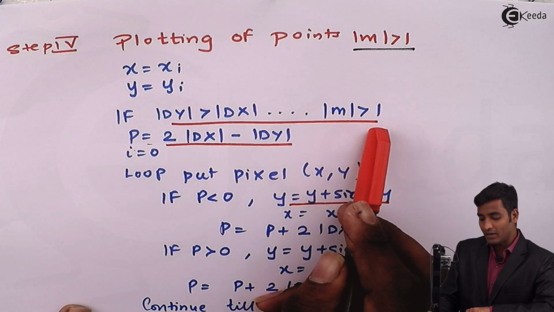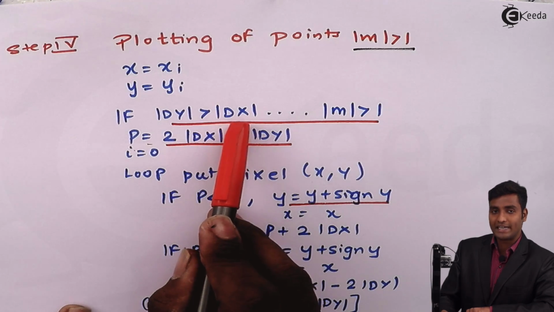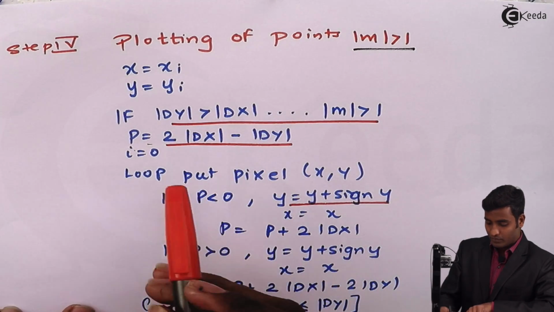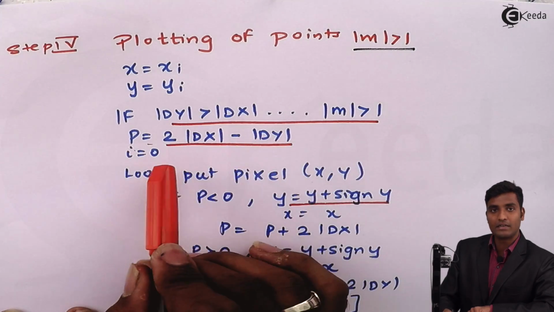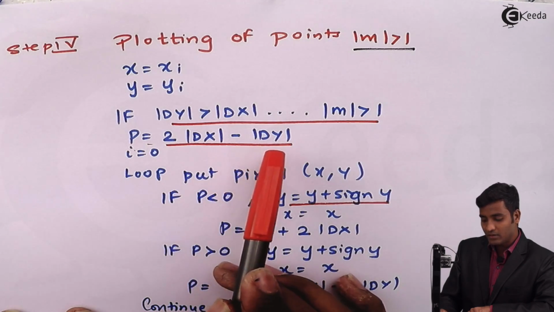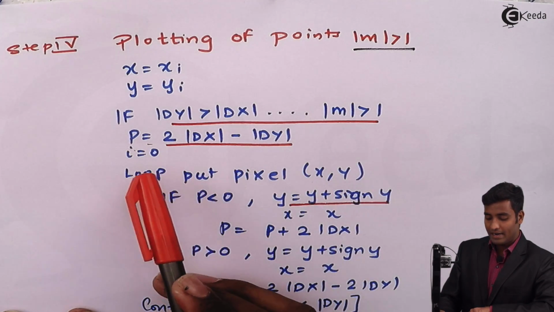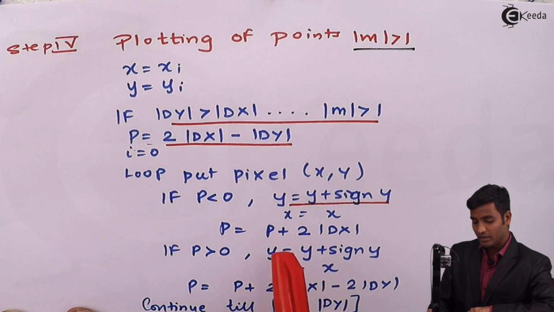So for slope greater than 1, the dy value will be greater than the dx value. Next we will use this equation for the distance parameter, that is p equal to 2 dx minus dy, and we will start the iteration, that is put pixel x comma y.